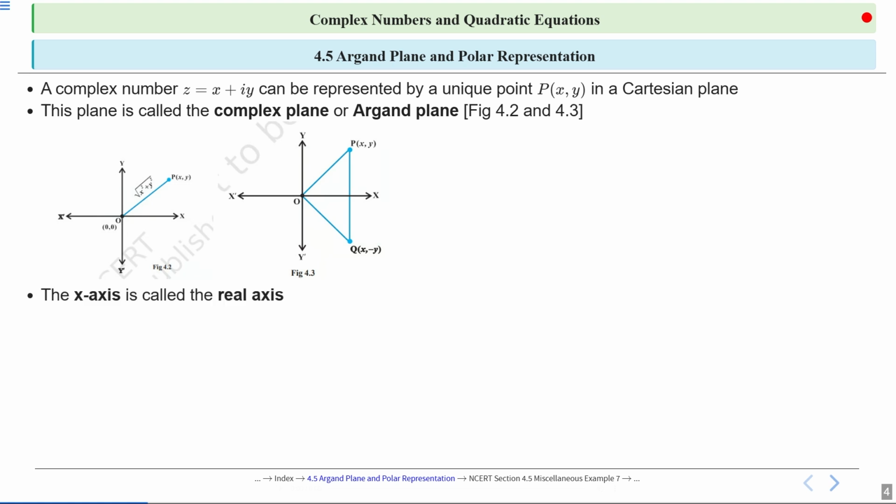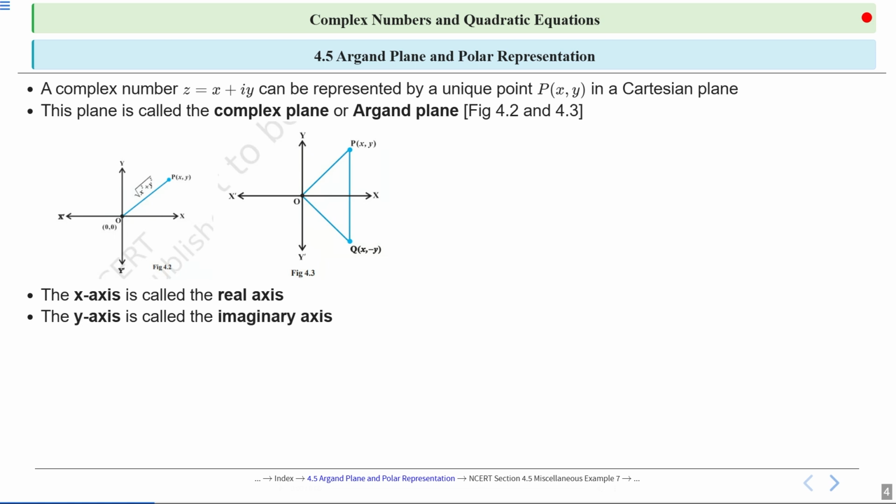So let's focus on the axes. The x-axis in the complex plane is called the real axis. This is where all numbers with zero imaginary part lie. So any number like z equals x plus 0 times iota will be on this axis.